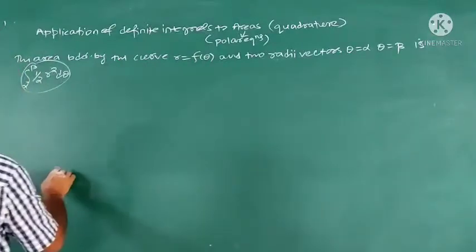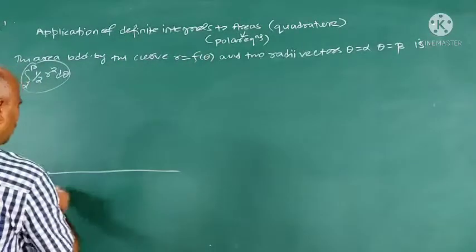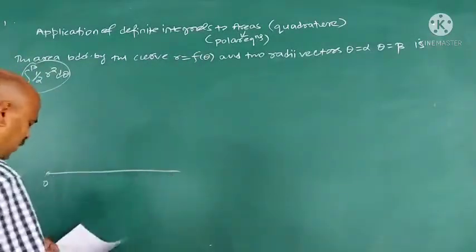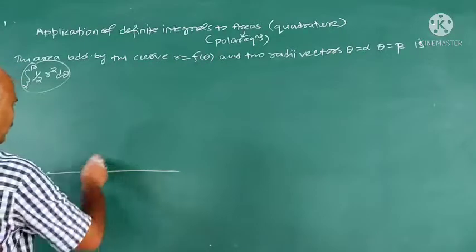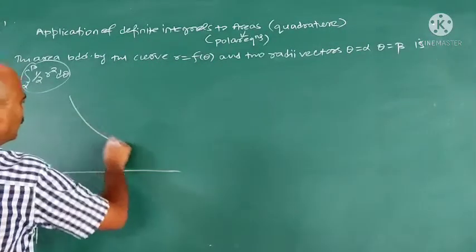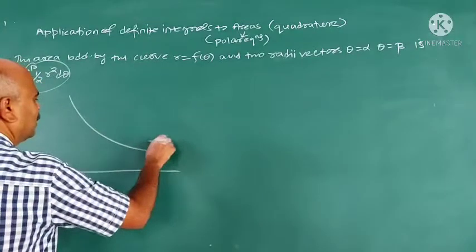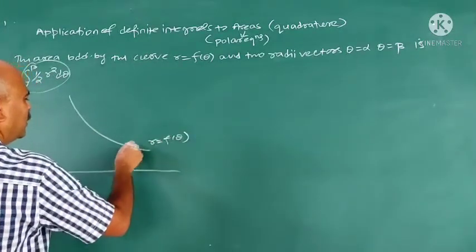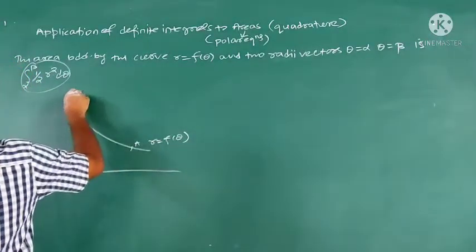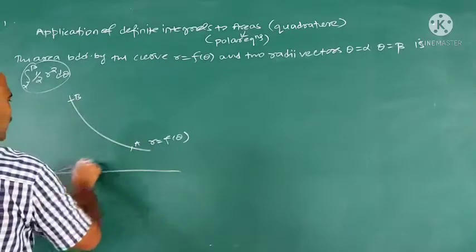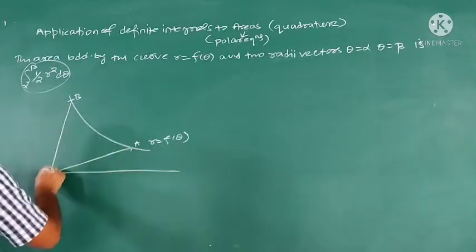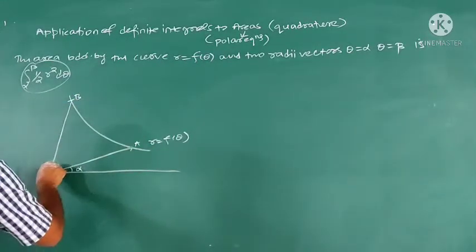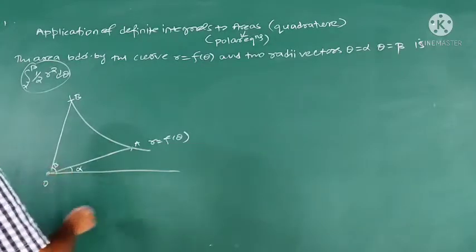For that, suppose this is the initial line, and take the curve. This is the curve whose equation is given by r is equal to f of theta. Suppose A and B are any two fixed points on the curve, and radii vectors at A and B make angles alpha and beta with the initial line.